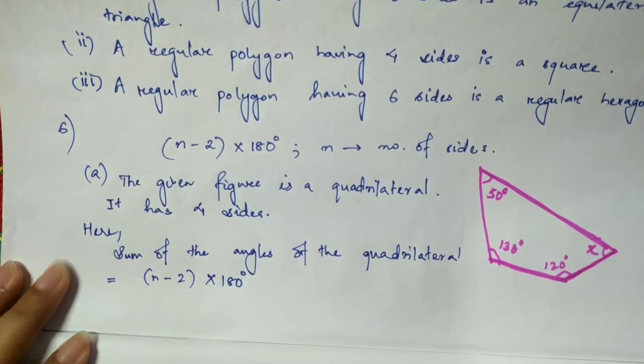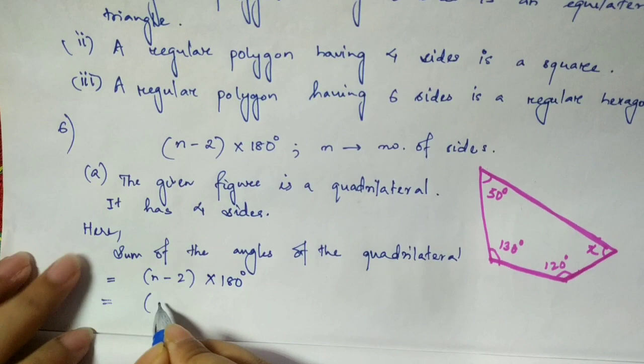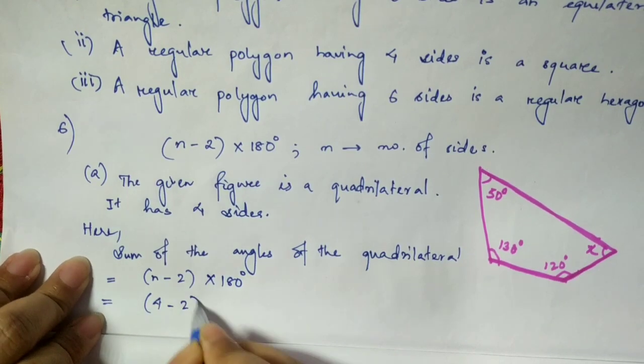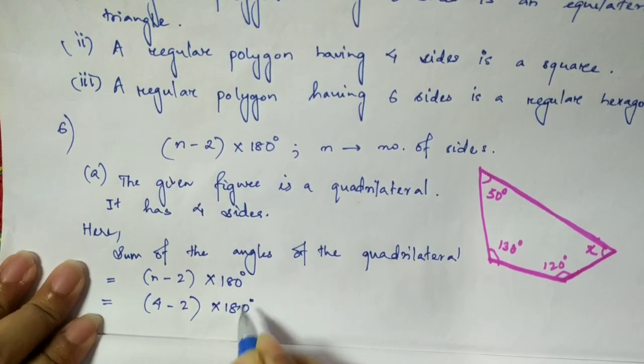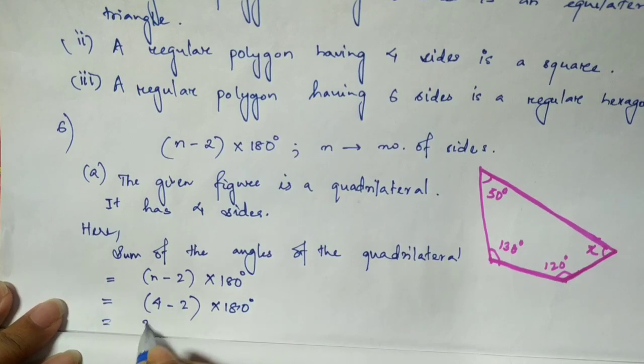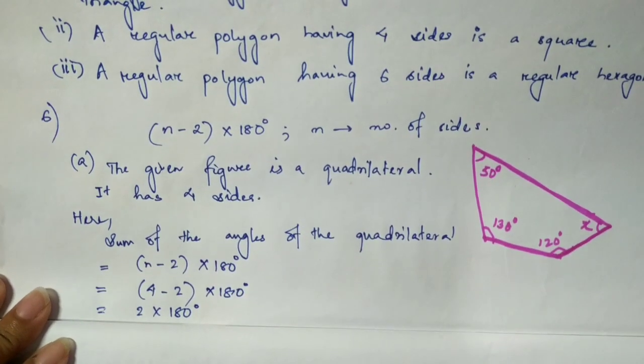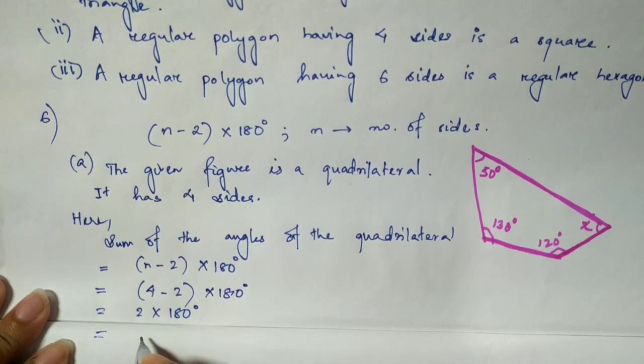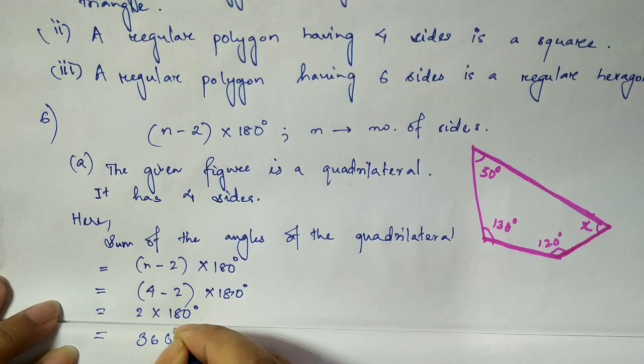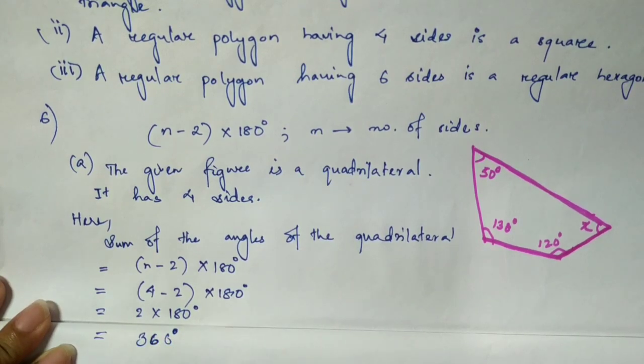This, so here n is what? 4. So let's write 4 minus 2 into 180 degree. If you calculate 2 into 180 degree, which is equal to how much? Will be equal to 360 degree.